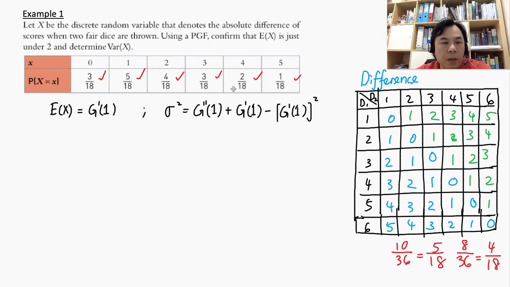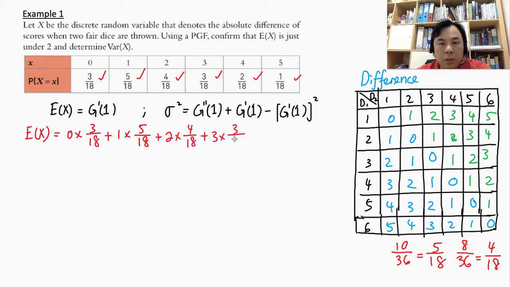And then from there onwards, the usual way to evaluate the mean of this discrete random variable is the original way, using this. If you recall how we obtained the expected value last time, it will be 0 multiplied by 3 over 18 here. You have to do this patiently.